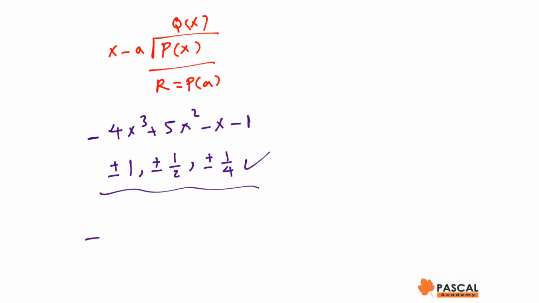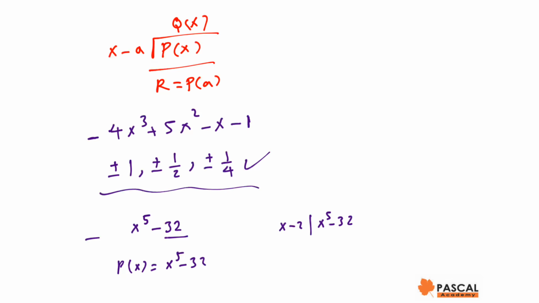We use division and reduce the degree to factor the polynomial. For example, let's factor x^5 minus 32. I don't want to use the identity that we had in lesson 9. I want to use the factor theorem. 2 makes this 0. Therefore, x minus 2 is a linear factor of x^5 minus 32.